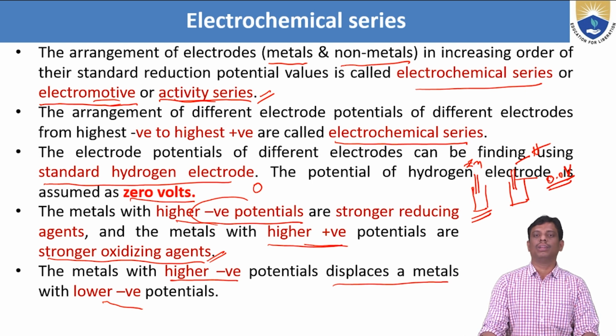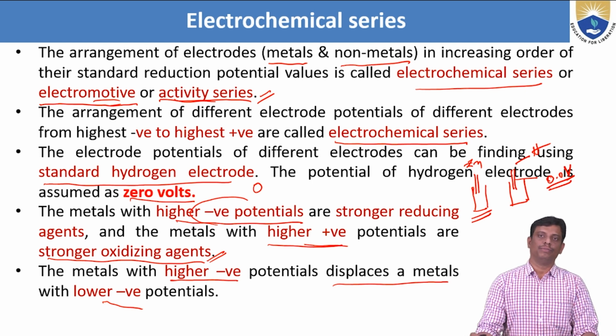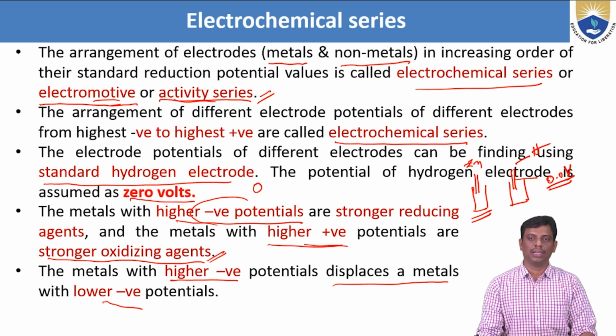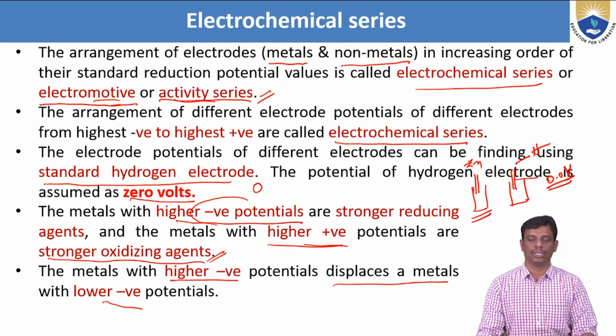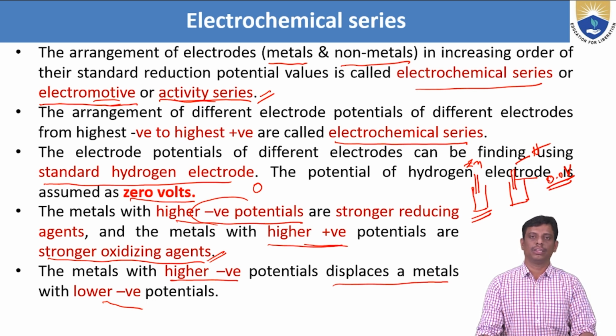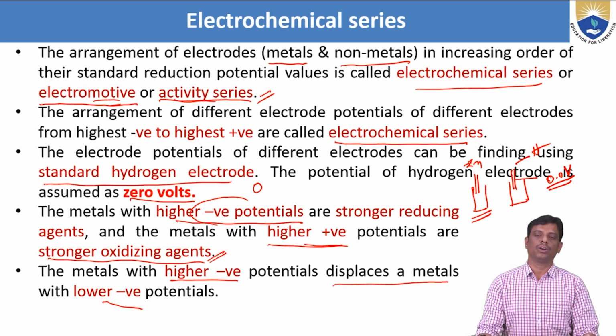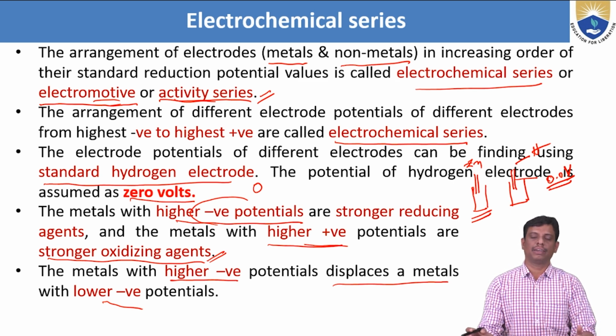Based on the potential values, we can easily identify which metal is going to replace another metal using these reduction potentials. This is the electrochemical series: the arrangement of electrodes in increasing order of their reduction potential values. It is also called the activity series or electromotive series.